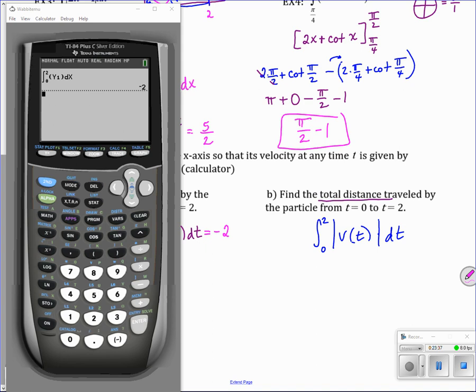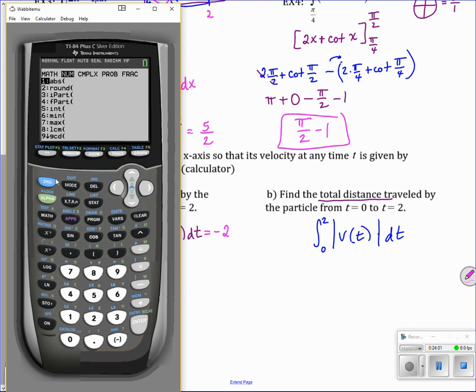Now, if I want to do total distance traveled, then I'm going to do Math 9 again. I'm going from 0 to 2, but I want to put in absolute values. You can find that different ways. Honestly, I always forget where it is, I think it's under Math somewhere. I have to look always.